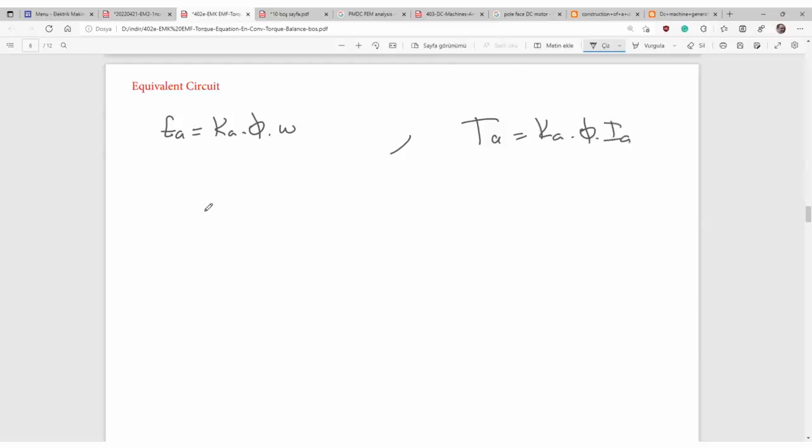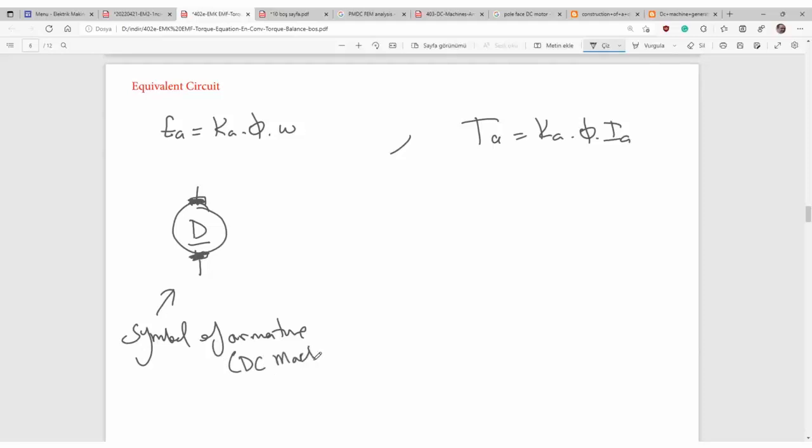We have such a design, let's say dynamo, that represents the armature, the symbol of armature. Generally, it also represents a DC machine.